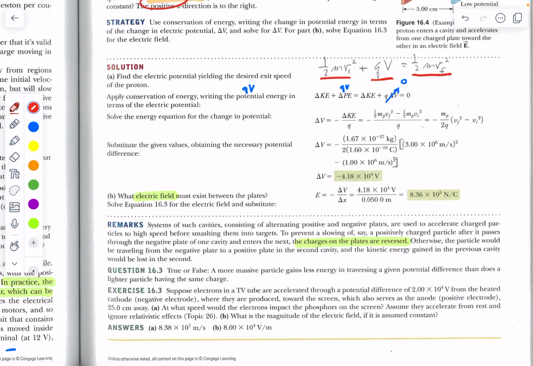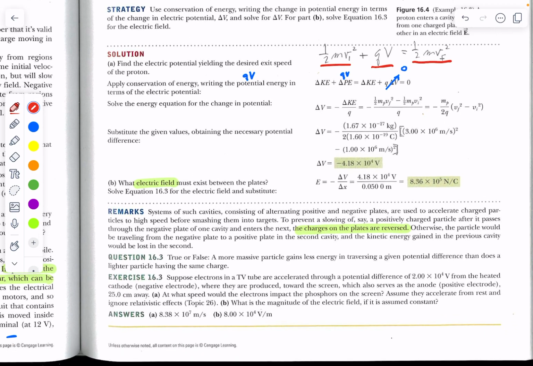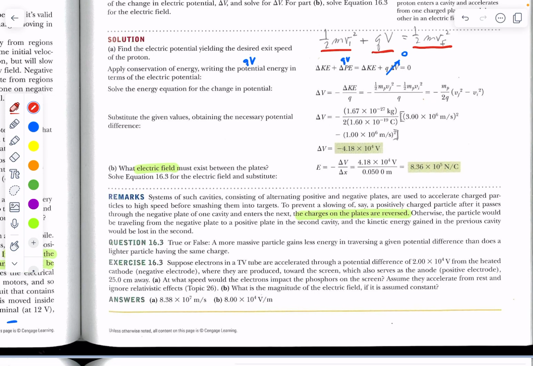And so when we look at the math, when we accelerate it, there is a QV over here that's 0. So my particle already has kinetic energy.